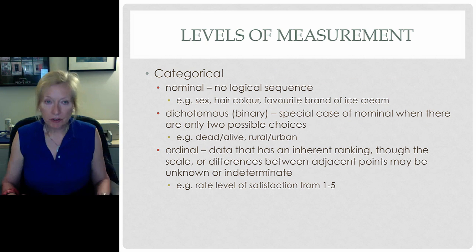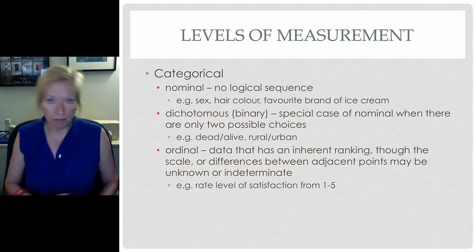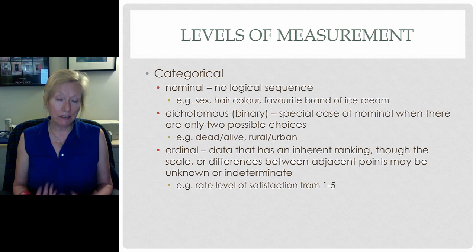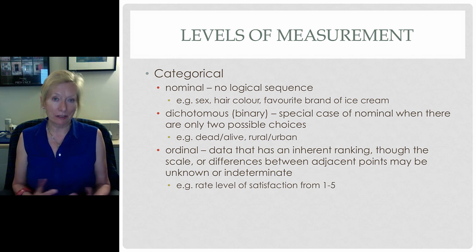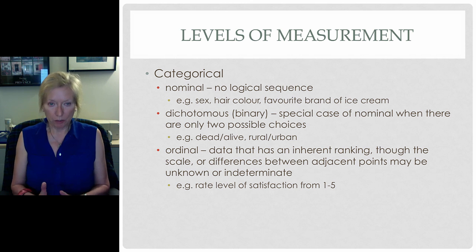Okay, the next thing I want to talk about is levels of measurement. First let's talk about categorical levels of measurement. As it sounds, these are categories, and there are different types of categories. Firstly, nominal. Nominal categories have no logical sequence. It could be hair color or favorite brand of ice cream.